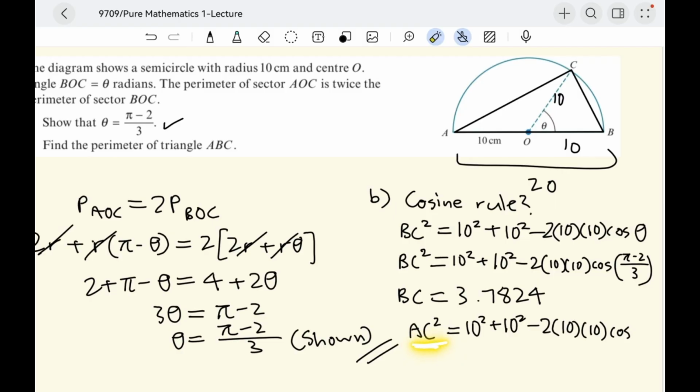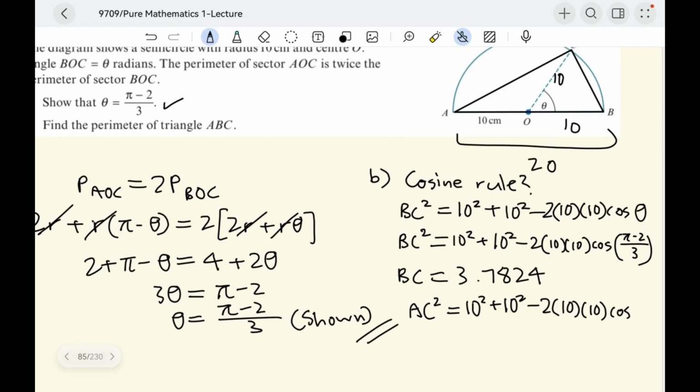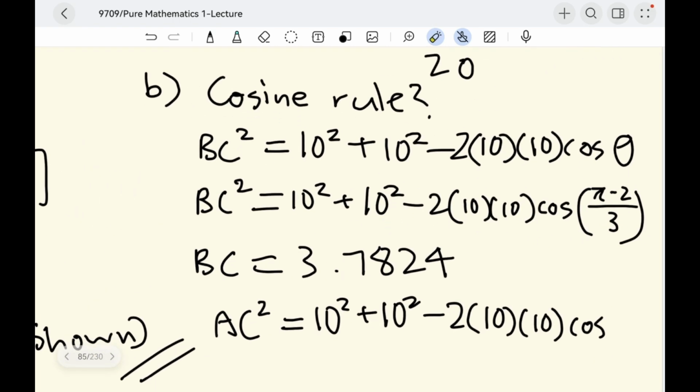Sorry, I need to rephrase my sentence. It means that this angle is dependent on the opposite angle of the length of AC. So therefore, this angle is not theta directly. However, it is pi minus theta, where theta is pi minus 2 over 3. You can directly use your calculator to press for the exact value of pi.